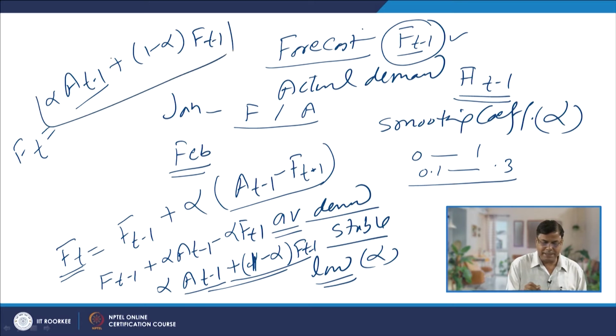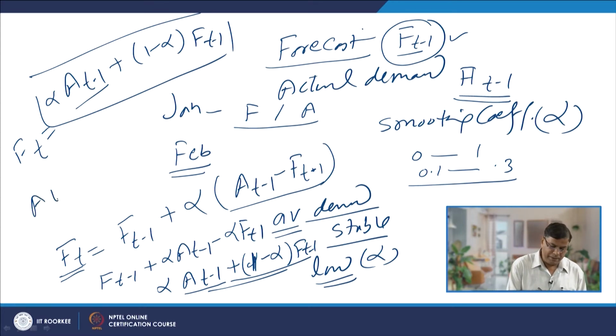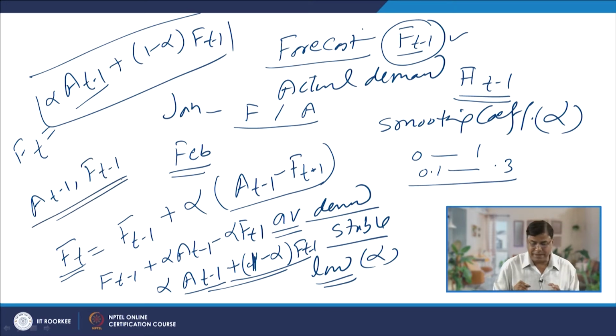This is the case when we are considering the actual demand and the forecast of just the one most recent period. When this particular equation is being used, we are considering just one period's data, and maximum weightage is being given to this data.